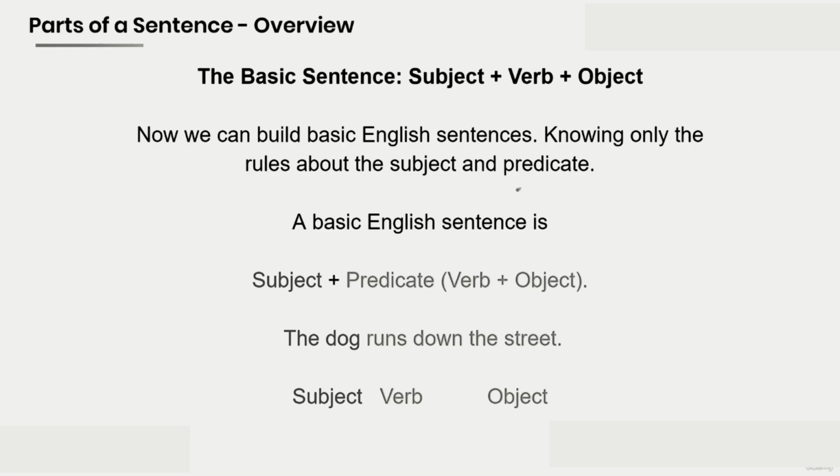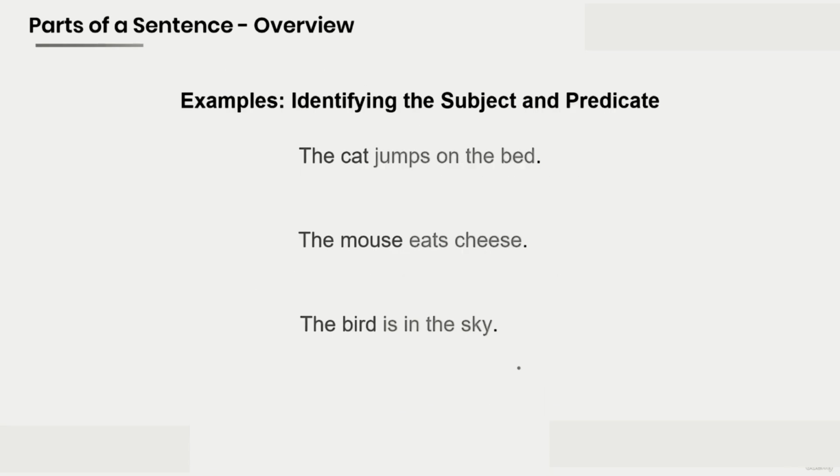Right, so we follow this formula. Subject plus predicate, okay. Just remember that, and predicate is verb plus object. The dog runs down the street. Subject, verb, object. So here's some examples.